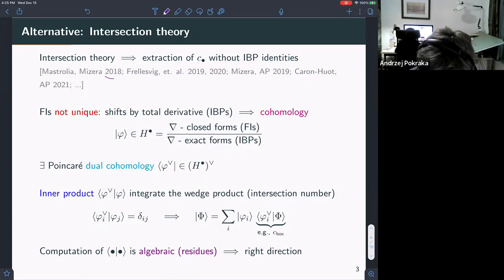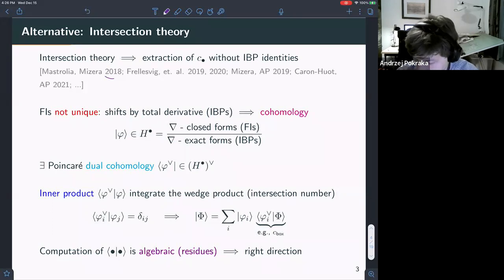And so what we want to realize is that the salient information contained in a given Feynman integrand is actually given by its cohomology class. That is, we should be looking at Feynman integrals modulo all integration by parts identities.